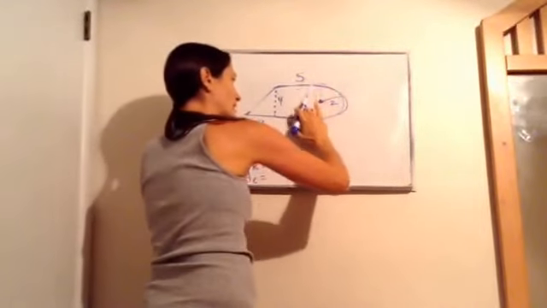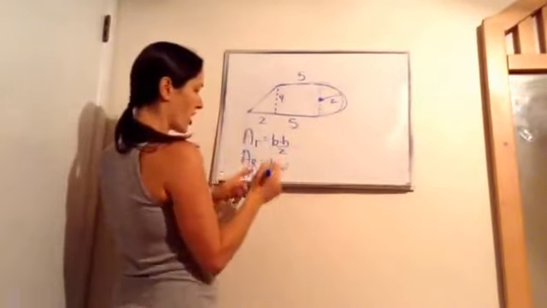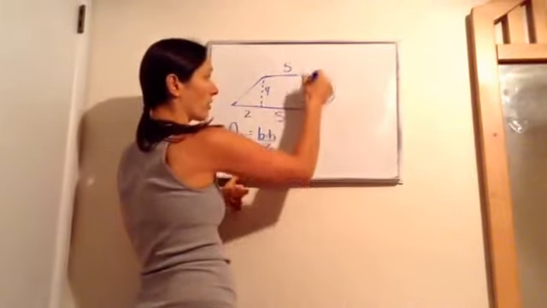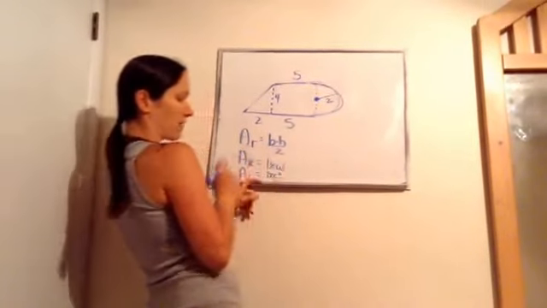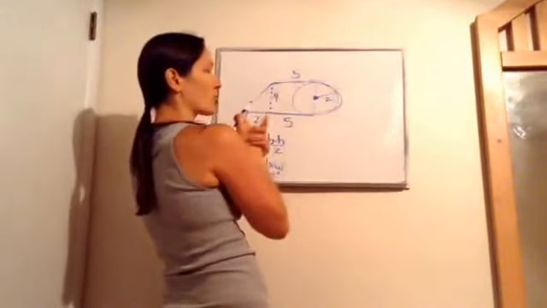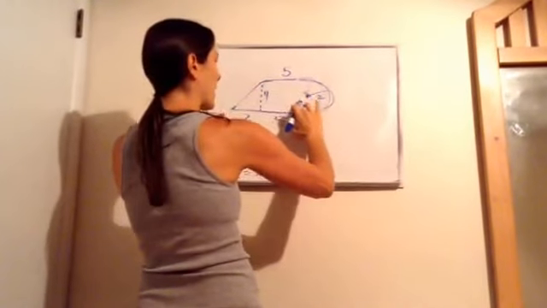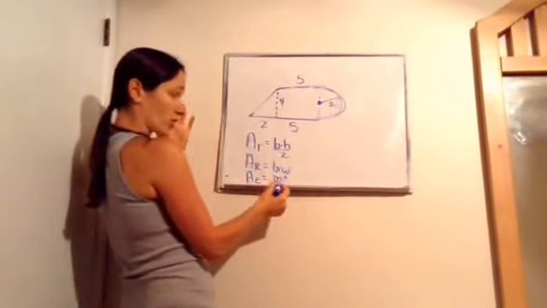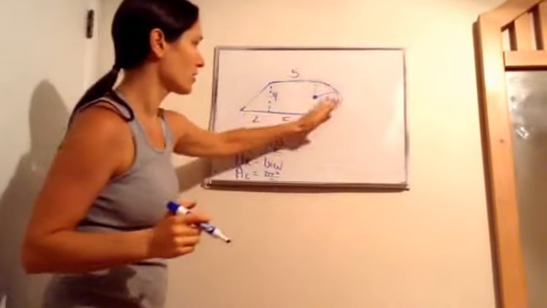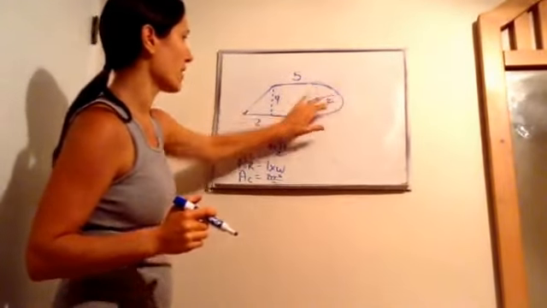We're just finding half. So, what is the area of a circle? Pi r squared, but we're only wanting half of it, so then you're going to divide it by 2. Do you see why we do that? Because I'm not finding the whole circle, I'm just finding half of it. So, the area of a semi-circle is pi r squared divided by 2, okay?